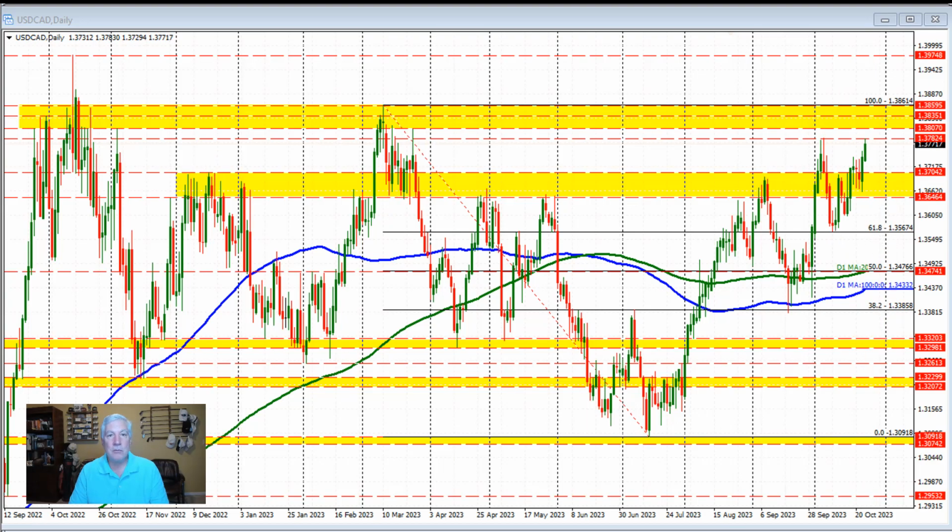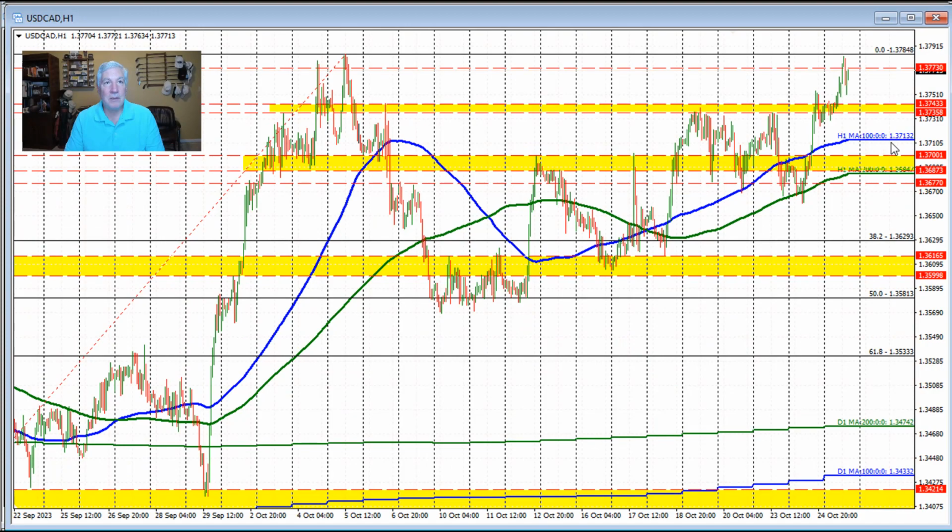Now let's switch our focus to the hourly chart. Remember the 137.04 level down to 46, and if we look at the 100-hour moving average here, that would be a level that if the price were to move below that level, that would increase the bearish bias. So that's just above the 137.04 level, and then we get down to 136.84, which is the 200-hour moving average.